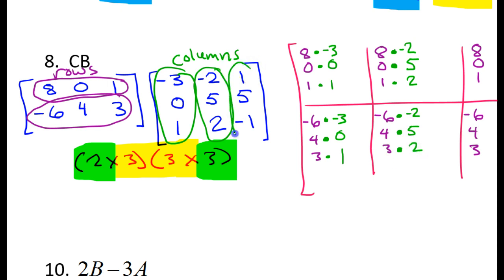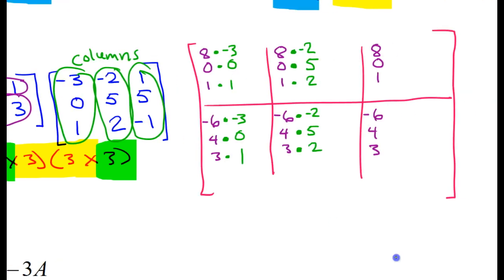And finally, the third column will go down the third column. So 1, 5, -1.